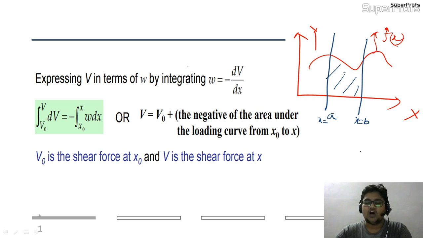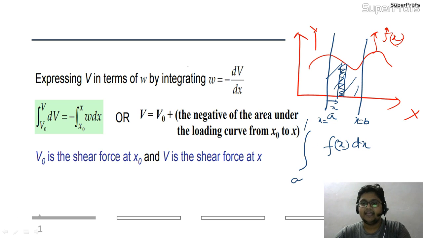So what we did was, we took an element at a distance x of dx thickness, and we wrote that f(x) dx is nothing but the area of this diagram between A and B. So this is the area of the diagram.